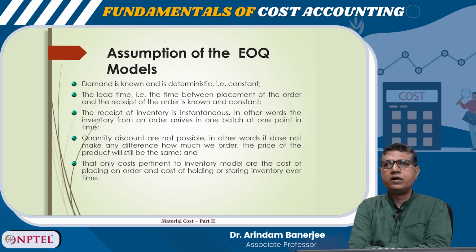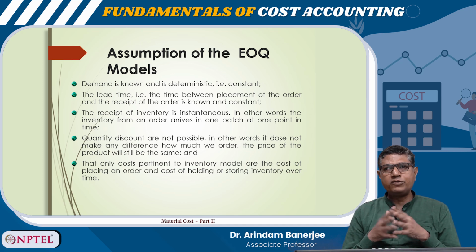Number 4, quantity discount is not possible. In other words, it does not make any difference how much we order, the price of the product will still be the same. And the 5th one is that the only costs pertinent to the inventory model are the cost of placing an order and the cost of holding or storing inventory over time.